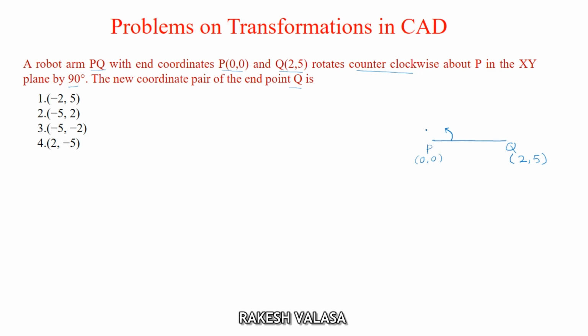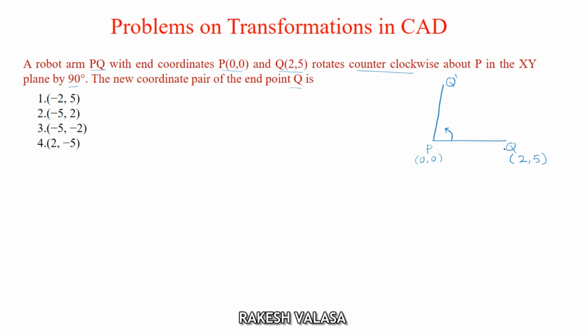That means from this point draw the vertical line. This is the new position, new coordinate Q dash. Here P position will not be changed because this PQ rotates with respect to P coordinate. That's why P will not be changed.